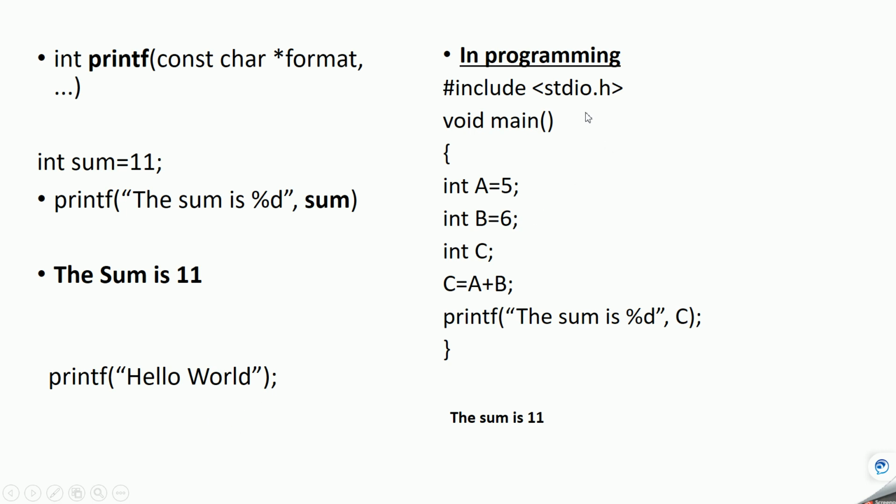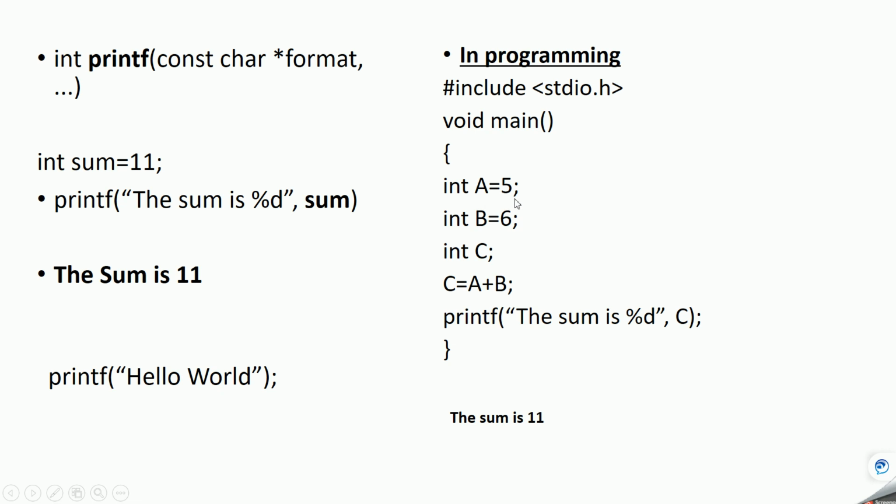So let's see how a full program will look. In the full program, the first thing we should do is include the file stdio.h, because it contains the declaration of the printf function.